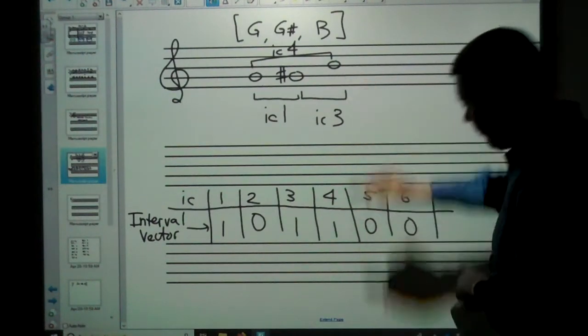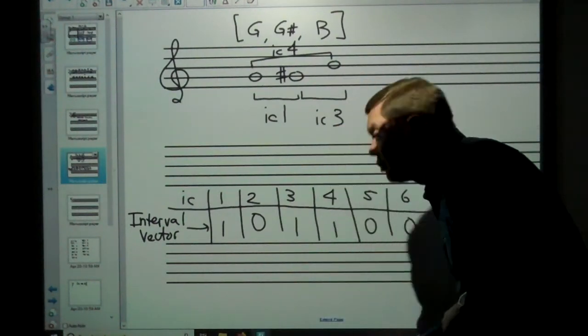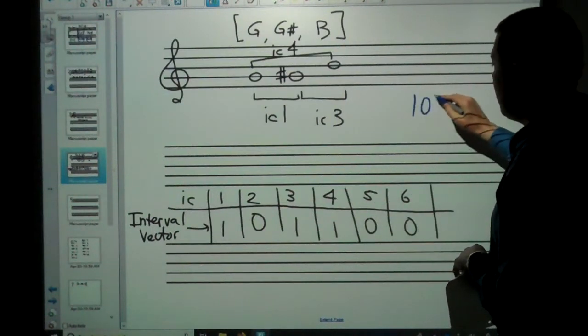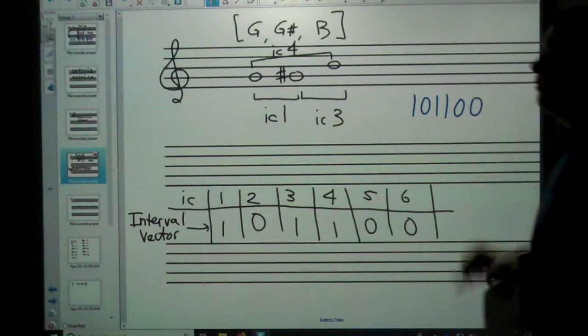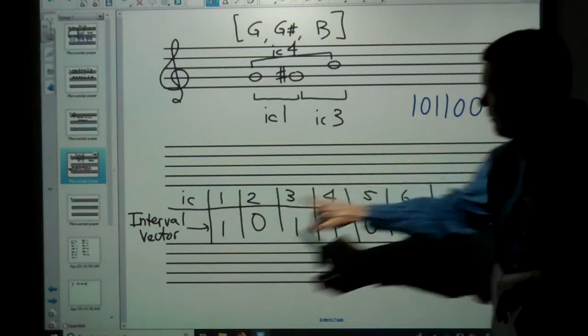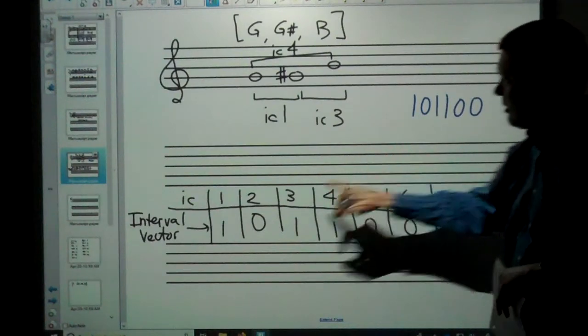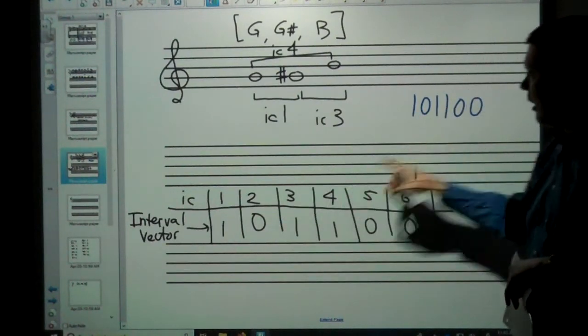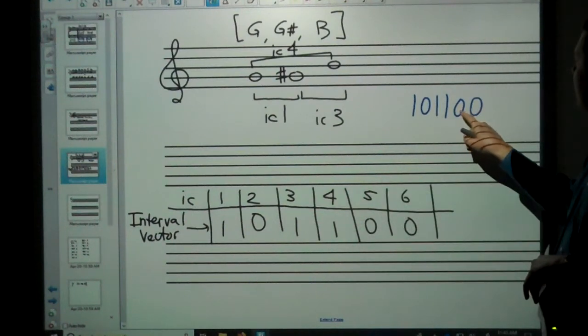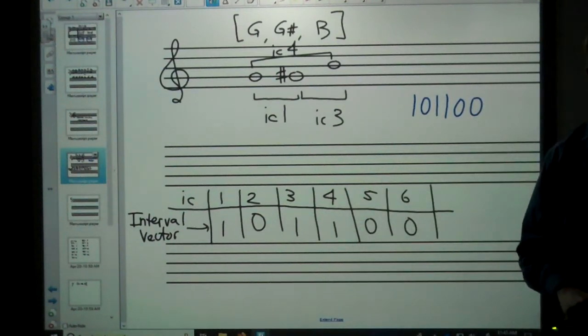Our interval vector, let me write it in another color, is 1, 0, 1, 1, 0, 0. That again is 1 instance of interval class 1, no instances of interval class 2, 1 of interval class 3, 1 of interval class 4, and no instances of interval class 5 or 6.